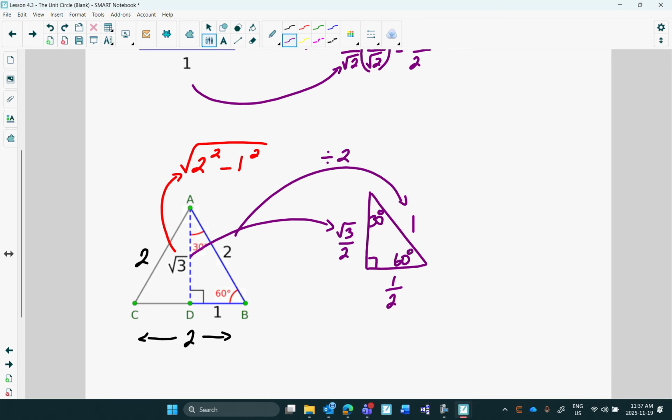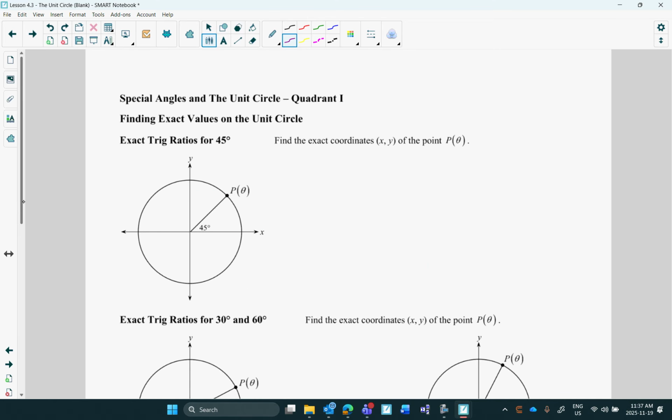Now we're going to take these ones and we're going to slide it into the unit circle. So remember that 45, 45, 90 triangle. If we slide this in, and this is also 45 degrees, the one where we made the hypotenuse 1, what were the lengths of these sides again?